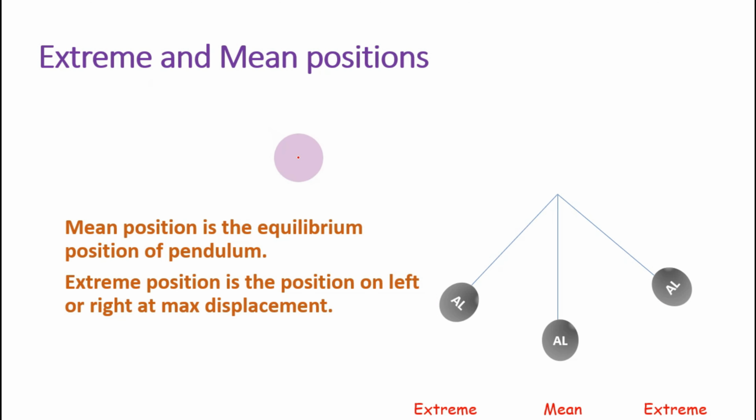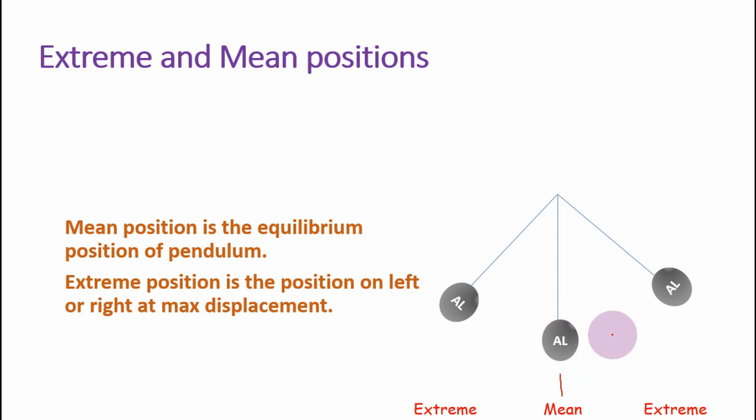What is meant by extreme position and mean position? This position, which is far from here, is known as extreme position. There is also an extreme position on the other side, while this is mean position or equilibrium position. So mean position is the equilibrium or resting position of pendulum. That is, you do not swing the pendulum, just hang it down where it is, mark it over here that this is the mean position.